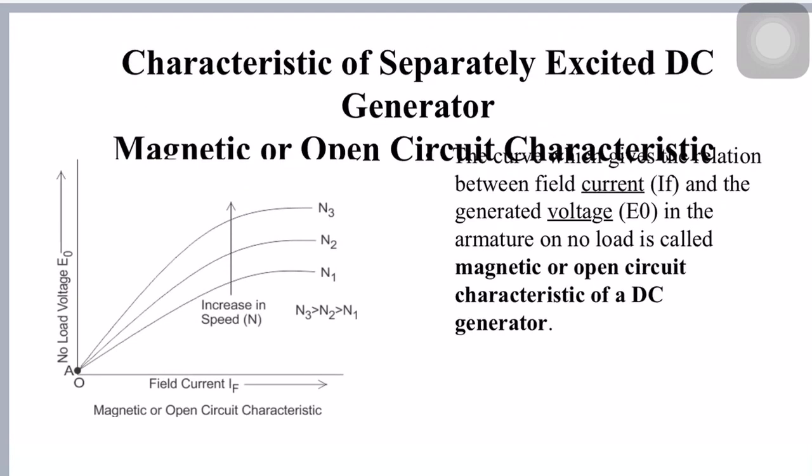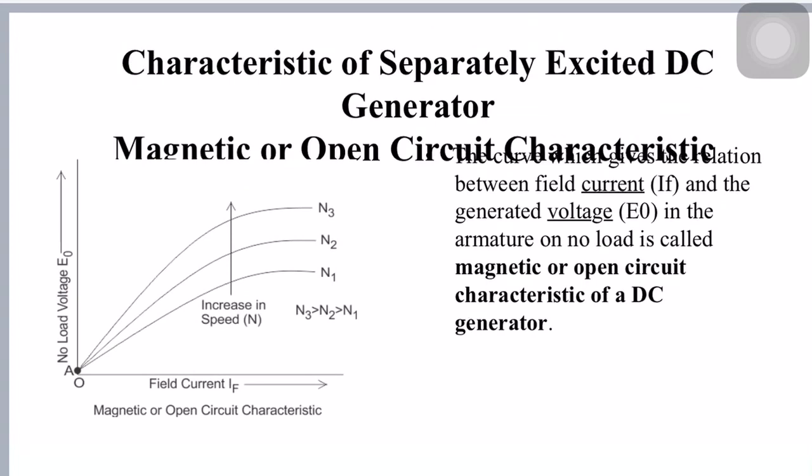So here we have observed three points. One, the curve does not start from O, because there is some generated EMF OA. This is due to residual magnetism in the field poles.